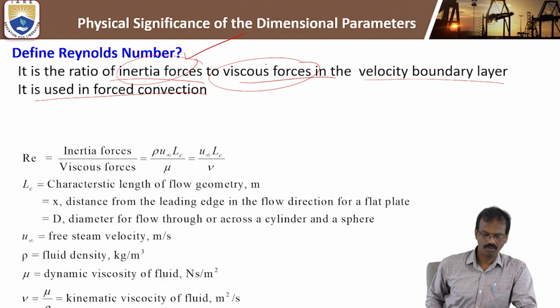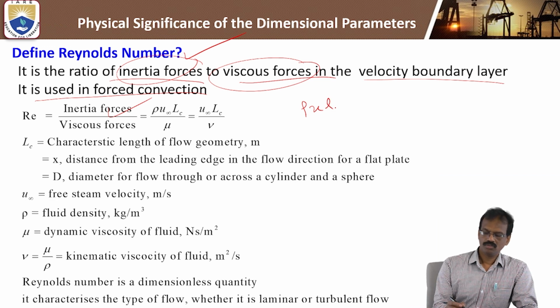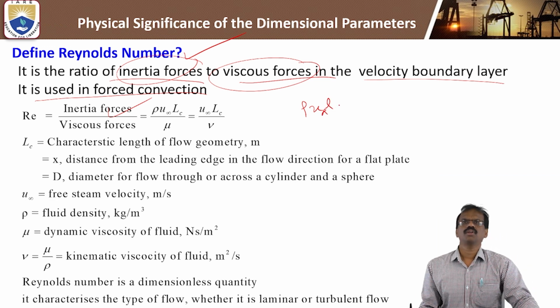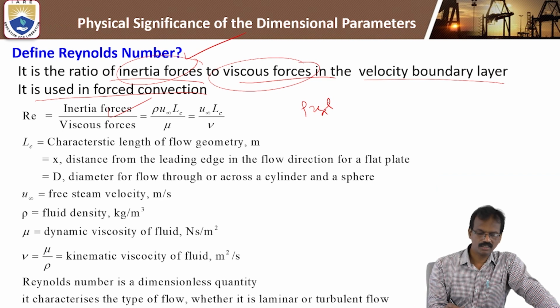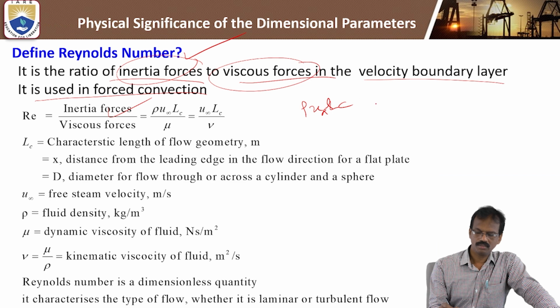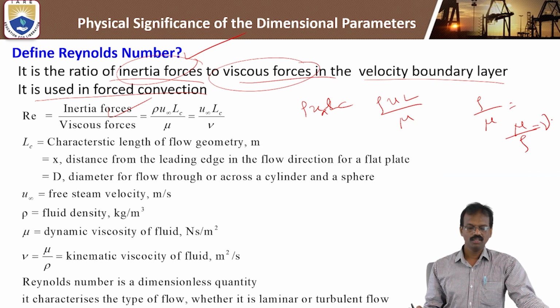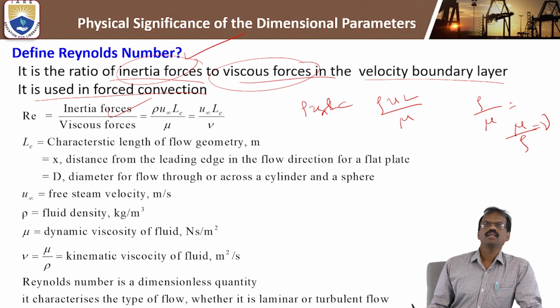We'll see this formula also. Reynolds number is equal to rho u L_c by mu, where u is the velocity of the fluid and L_c is the characteristic length. You know mu by rho is equal to nu, the kinematic viscosity: dynamic viscosity divided by density is equal to kinematic viscosity.